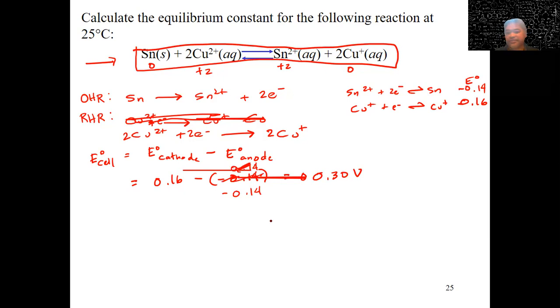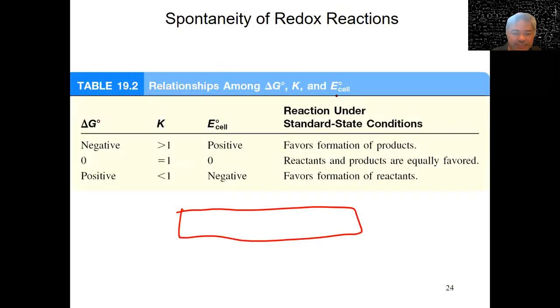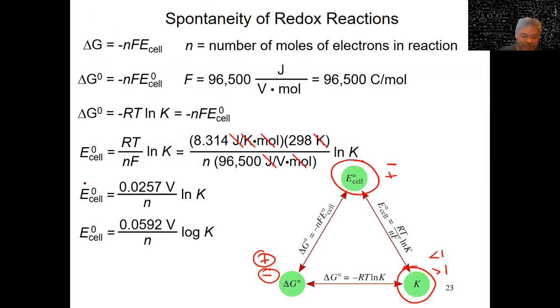But as you could see, we're not only asked for the cell potential. What we are asked is the equilibrium constant. So how are we going to solve this? Maybe we can go back to the previous slide and then get what? This one? Because we have just calculated this one and we're going to calculate for the K. Okay?